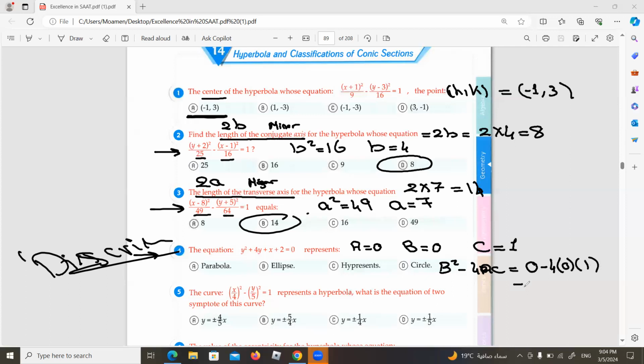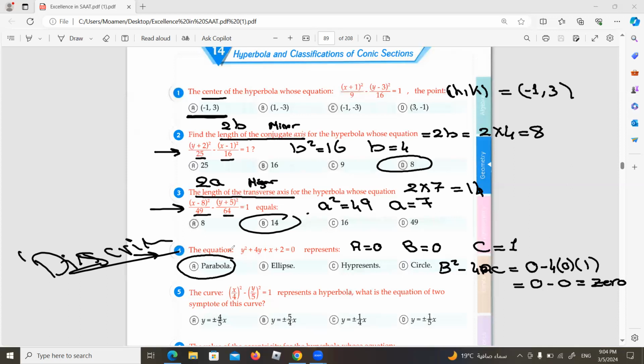Any number multiplied by 0 is 0, so 0 minus 0, the result will be 0. Remember with me, if the discriminant is 0, our conic section will be a parabola.